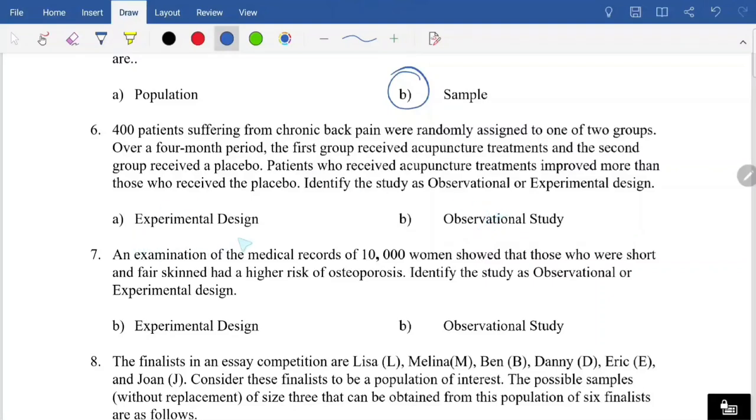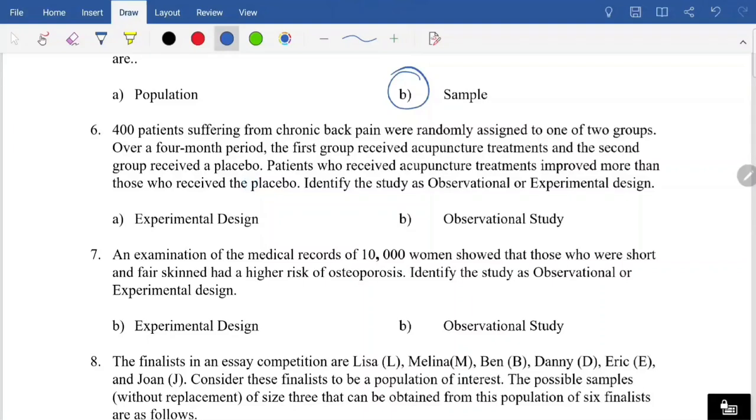It's only in experimental design where we set up two groups. One group is the treatment group, and in this case, the first group received acupuncture treatment, and the other group, which is called the control group, received the placebo.